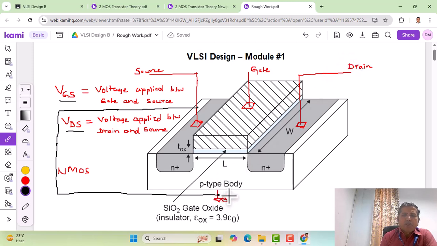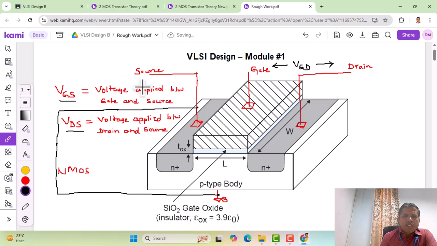So with this, let us now try to arrive at the different voltages, especially the voltage which is between the gate and drain. The voltage that exists between the drain and gate, between these two terminals, can be called VGD. So this is a voltage that exists between the gate and drain.